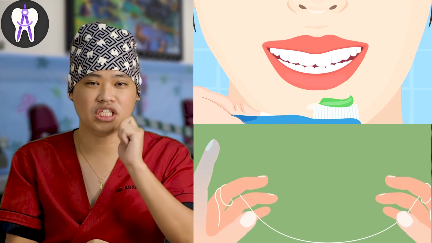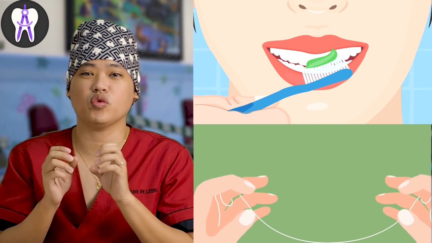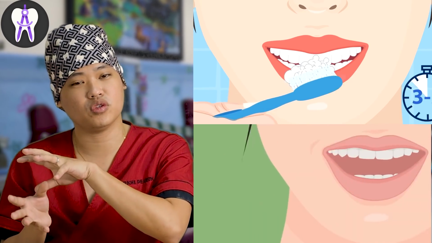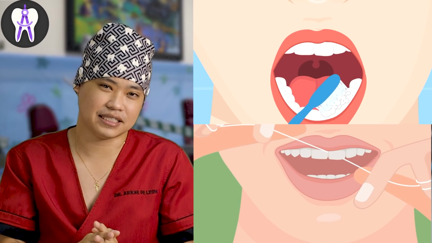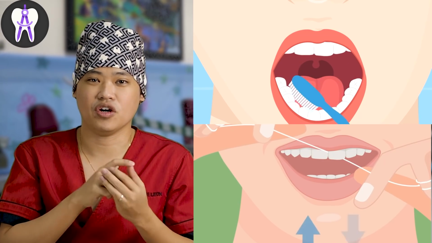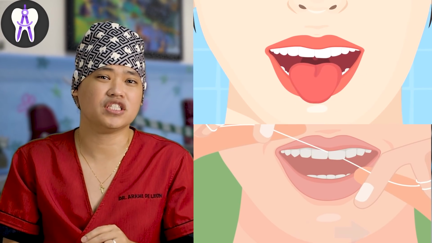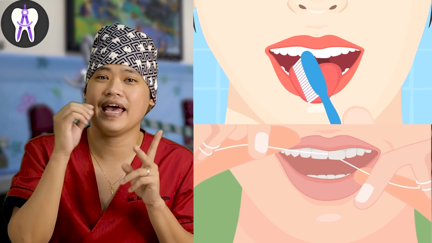So with the brushing and flossing, you will be able to remove the food, you will be able to remove the bacteria, so there won't be any acid produced, to lessen the time that the acid will stay on your teeth. So toothbrush and floss twice a day, in the morning and in the evening. As long as your brushing is correct, twice a day is enough.